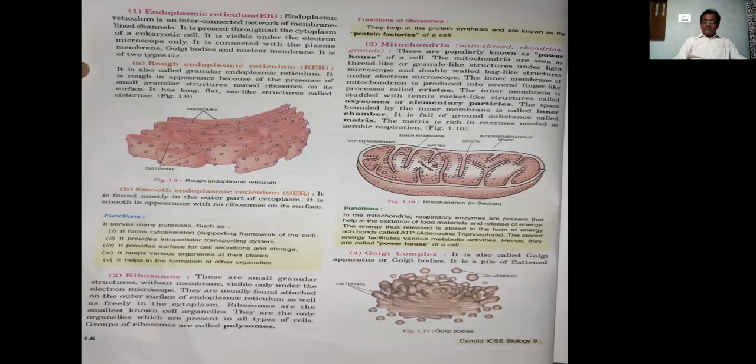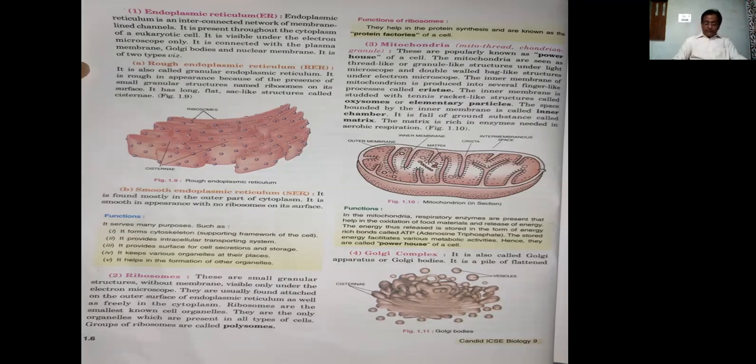It contains the nuclear material. In plant cells, there is no centrosome, but in animal cells, the centrosome is found that helps in cell division. So plant cell, animal cell, prokaryotic cell, eukaryotic cell, all these terms you have to study.